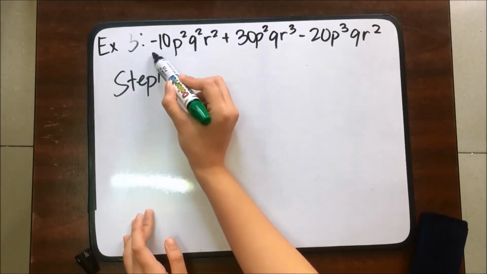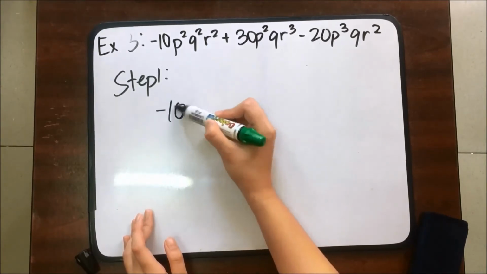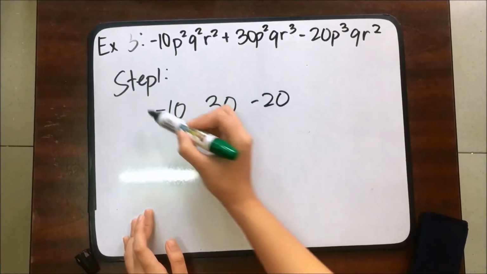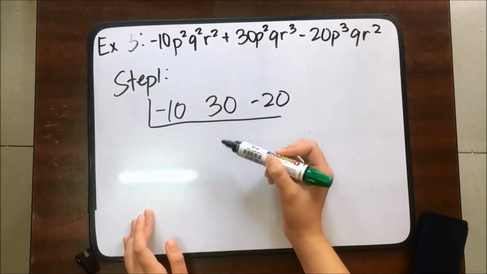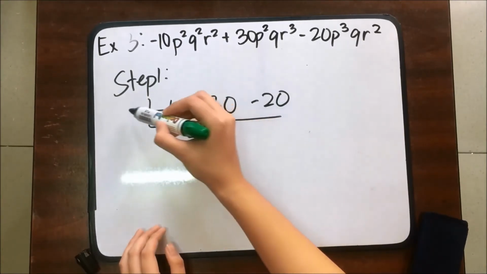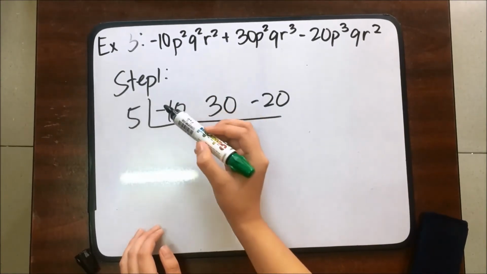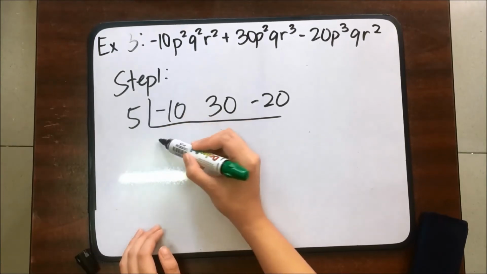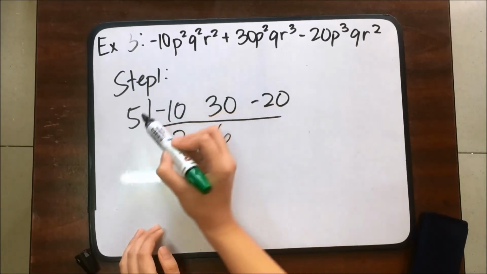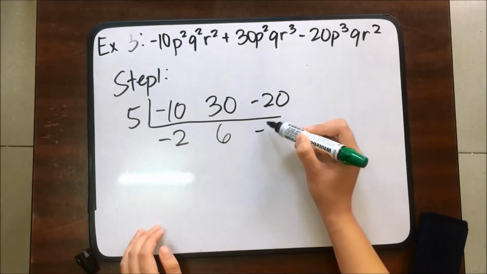So our coefficients are negative 10, 30, and negative 20. So what number can be divided to negative 10, 30, and negative 20 evenly? 5 can be divided evenly. So negative 10 divided by 5 is equals to negative 2, 30 divided by 5 is equals to 6, negative 20 divided by 5 is equals to negative 4.